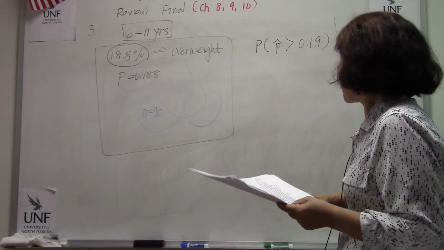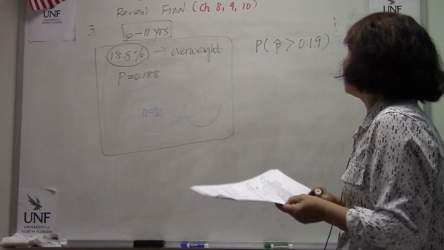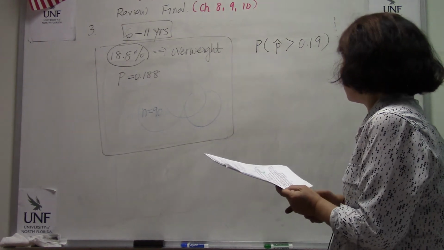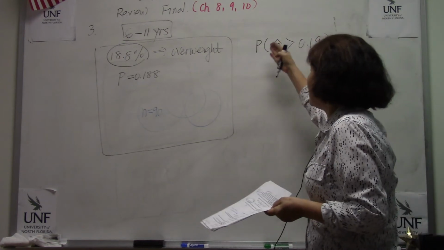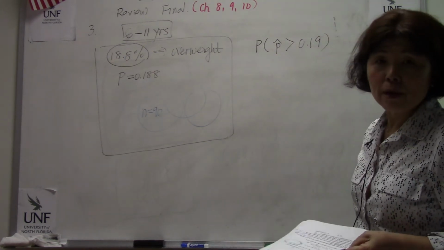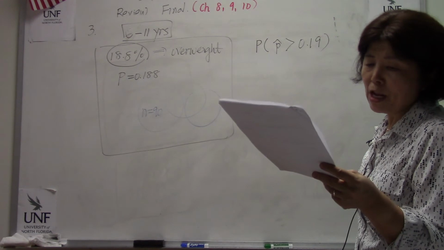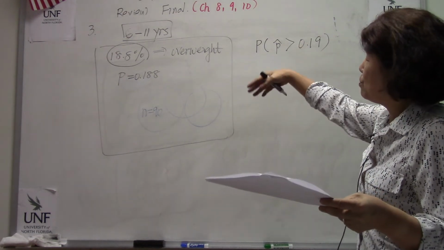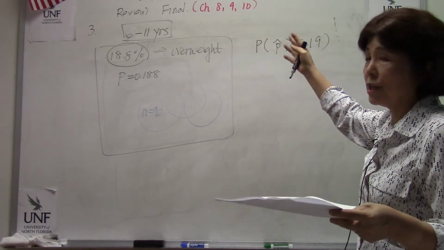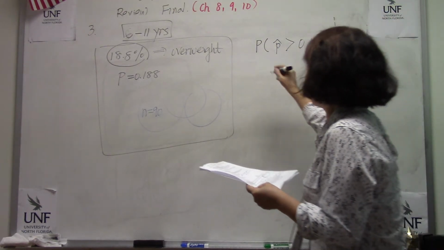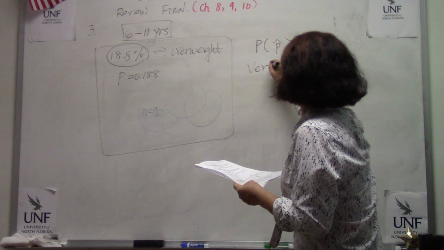In order to use the normal distribution, we must show that this sampling distribution is going to be normal, because the problem does not mention it. So we are going to verify three things.